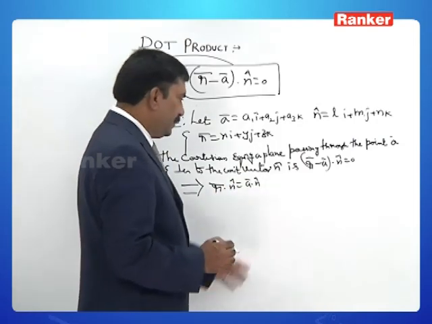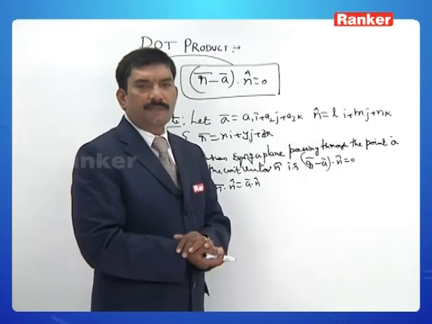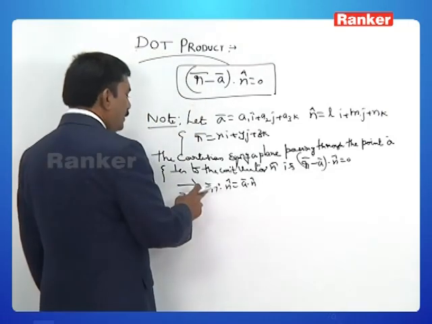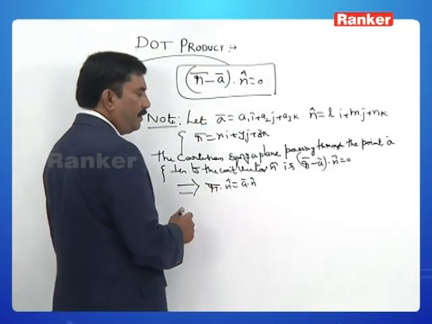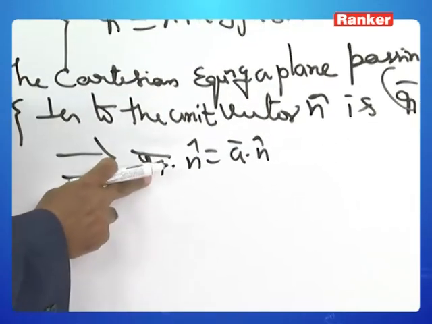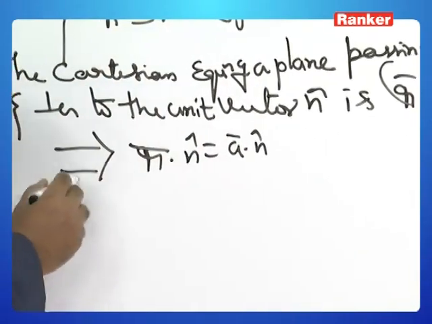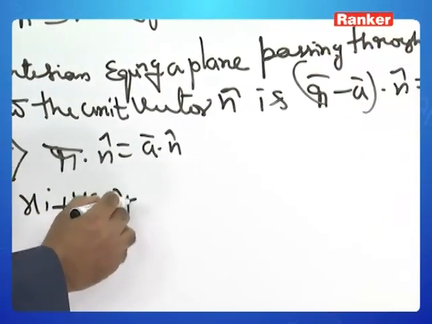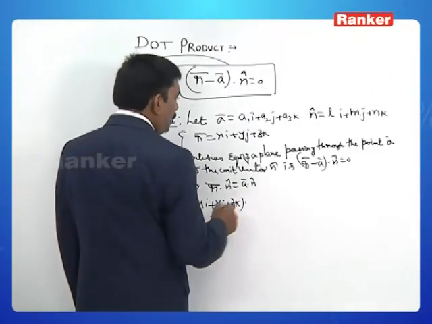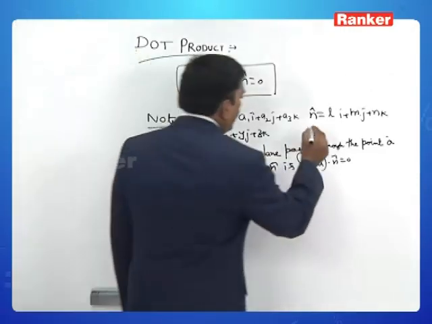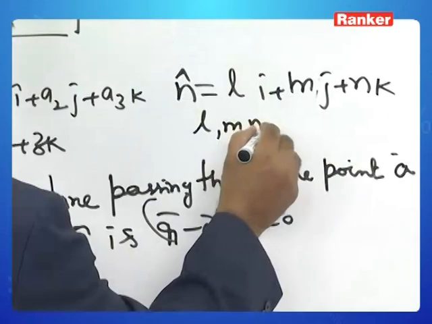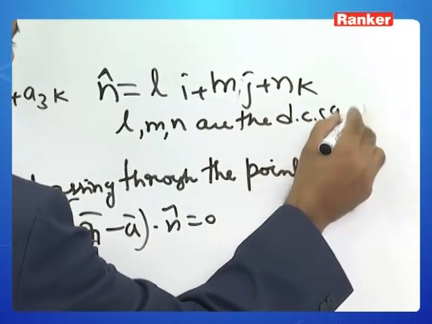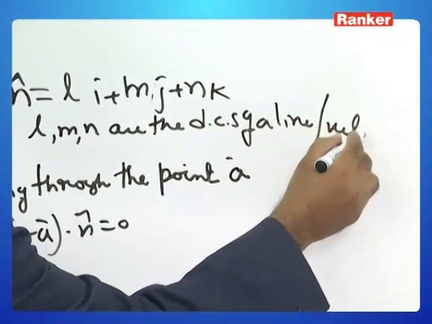What I did is take the dot product. Now what is r bar? It is x i plus y j plus z k, dot n cap, where L, M, N are the DCs of a line or a vector.